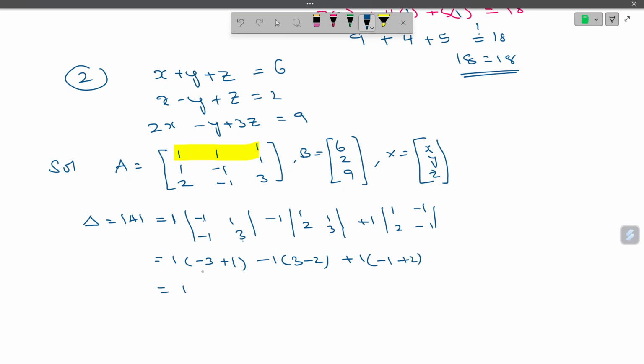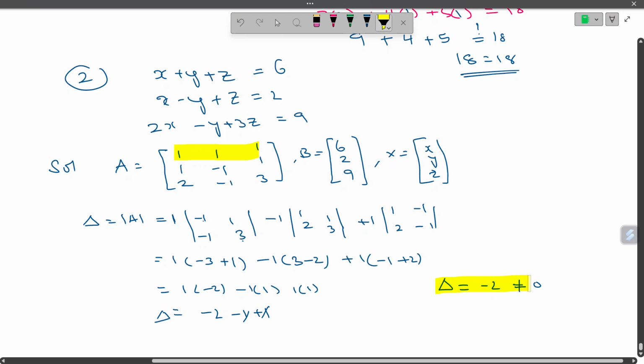So this is minus 3 plus, minus 2, minus 3 minus 1 is 1. So minus 2 minus 1 plus 1. Plus 1 minus 1 getting cancelled. Del equal to minus 2, not equal to 0. Therefore, the given problem is consistent. We can find the solution. So del equal to minus 2.